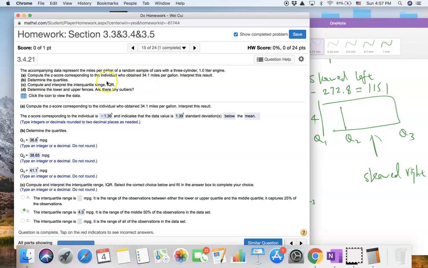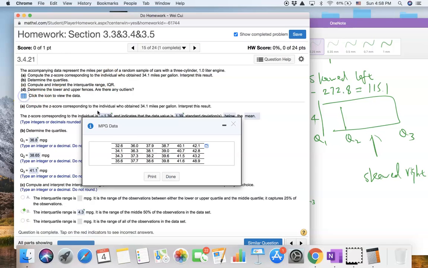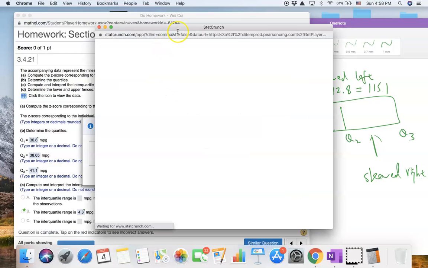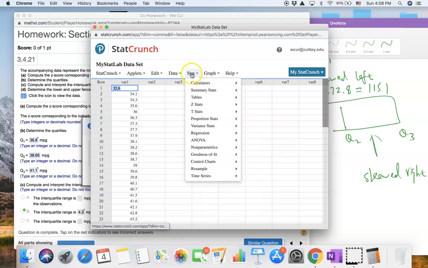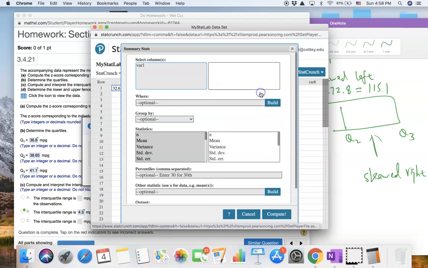So in order to do this, we will need to know the sample mean and the sample standard deviation. So we compute that part first. Now this is a sample standard deviation, so I select this.